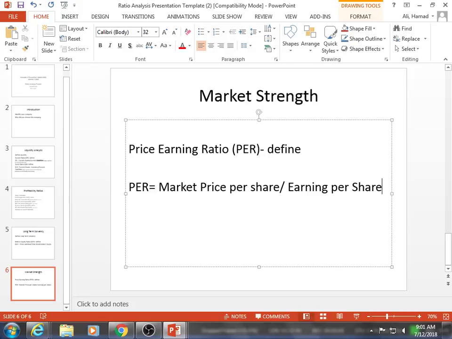Whichever one you have available, diluted or basic, just use it. You'll be fine, they're almost the same. Yeah, use the basic. This one says basic net income per share from continuing operations.